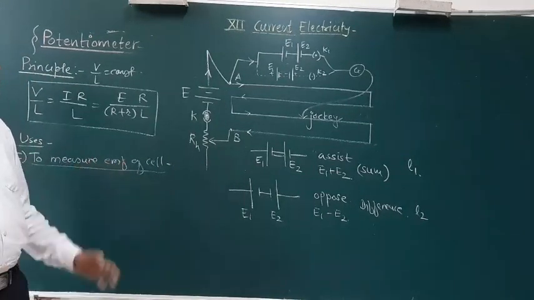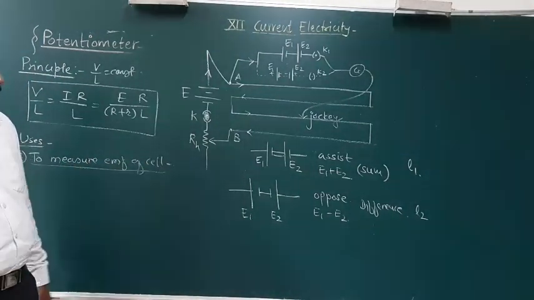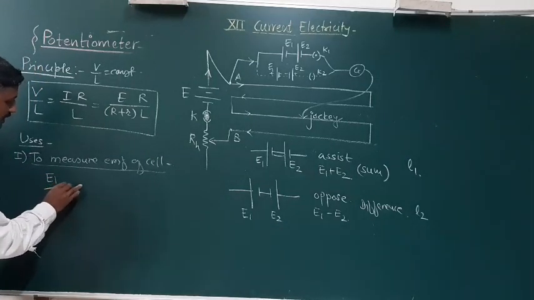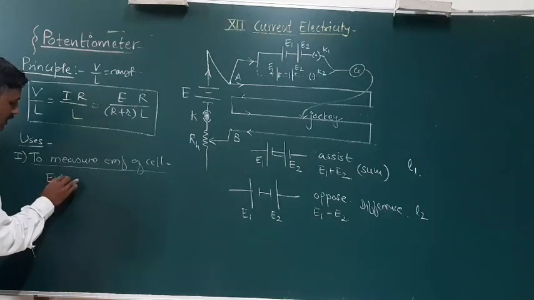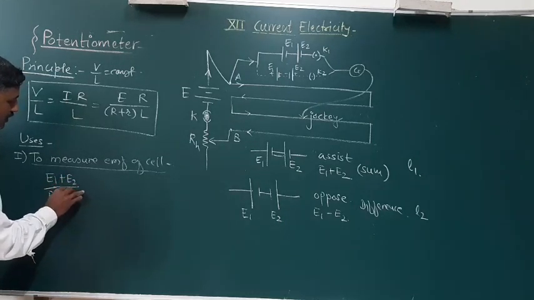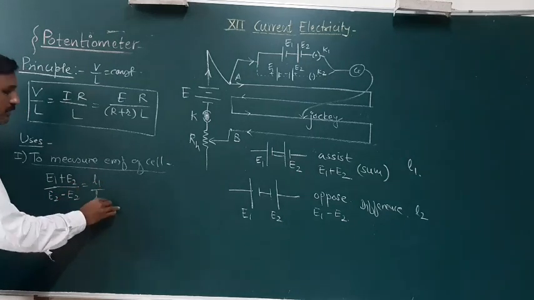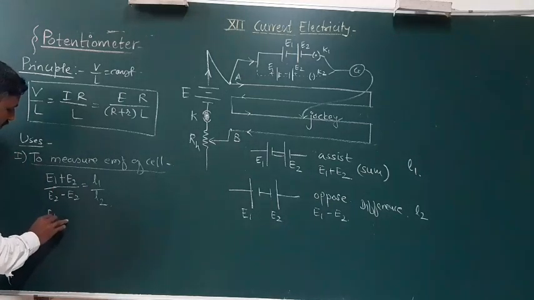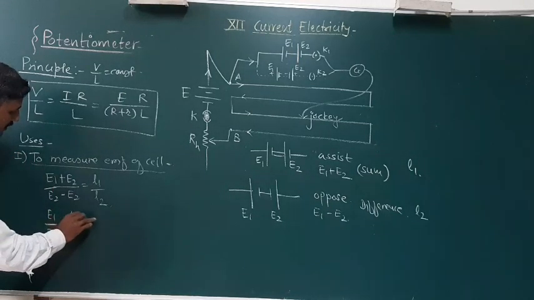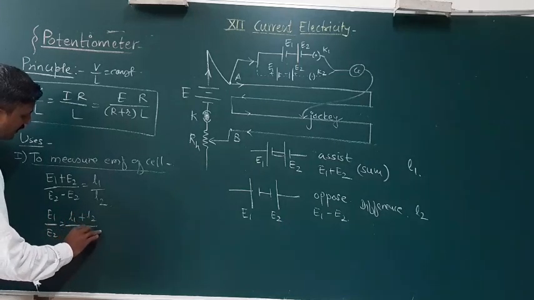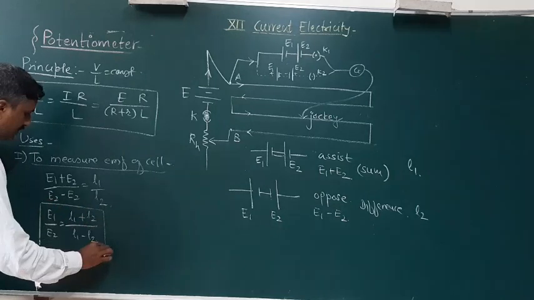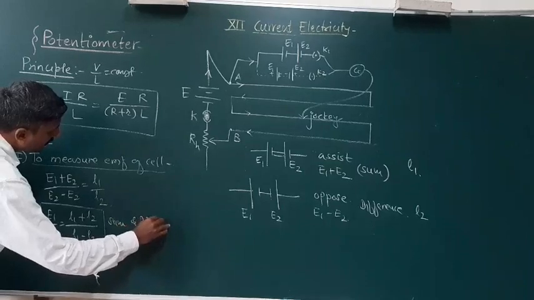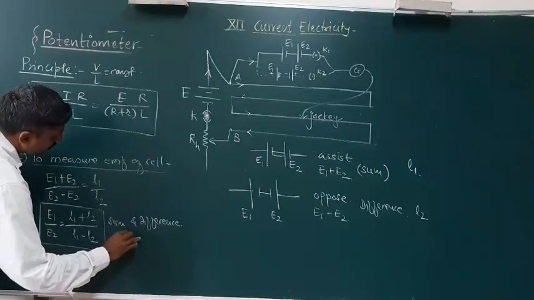Now, if I make the ratio, then the ratio becomes in this way: E1 by E2 equals, not E1 by E2, it becomes E1 plus E2 upon E1 minus E2 equals L1 by L2. Then use componendo and dividendo. Then my formula becomes E1 by E2 equals L1 plus L2 divided by L1 minus L2. This is the formula when cells are connected in sum and difference method.